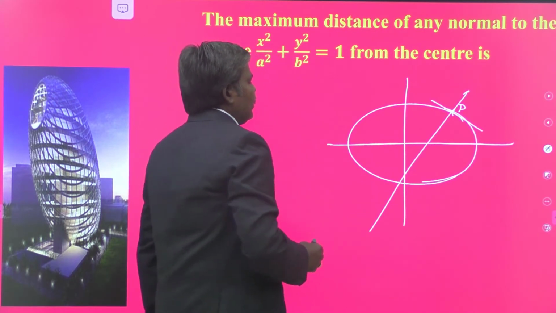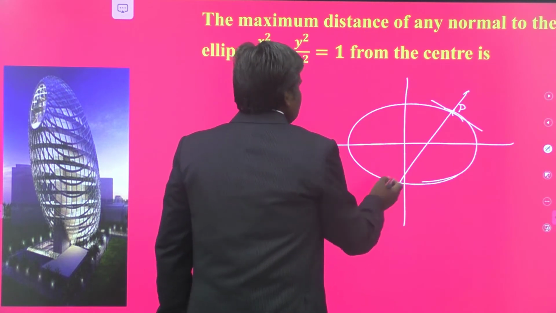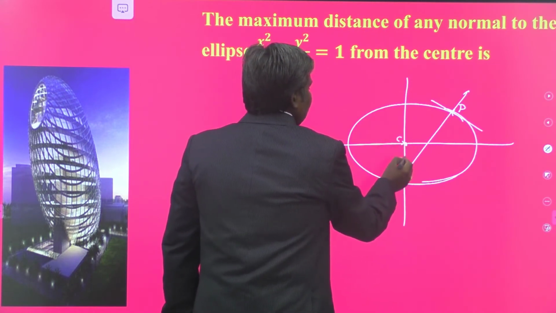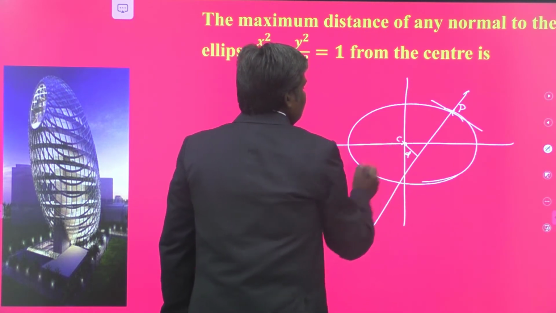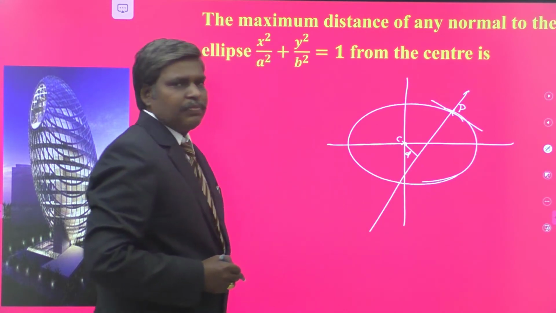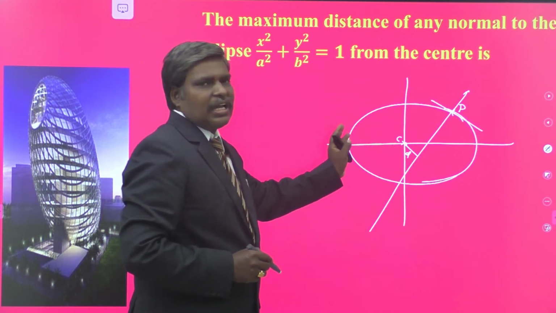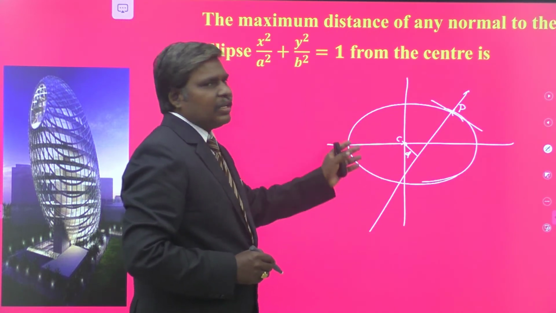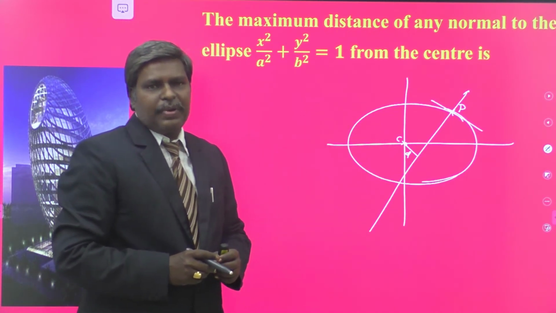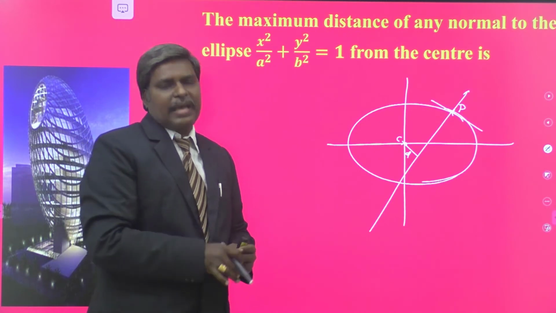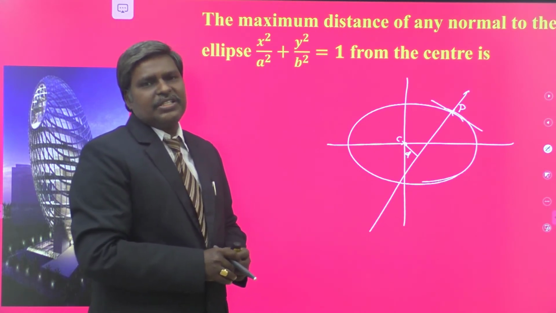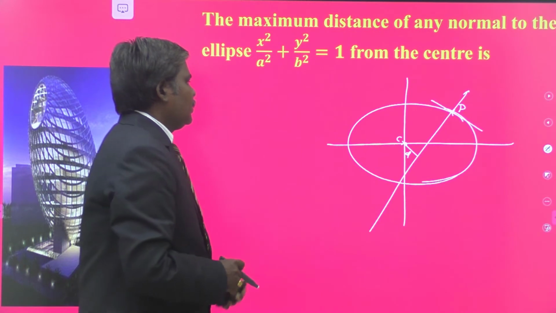Now we have to find out the maximum distance. Suppose this is the center of the ellipse. By different points on the ellipse, we get different normals. If you draw the perpendiculars, we get an infinite number of perpendicular distances. Which one is maximum? What is the maximum distance? That you have to find out.